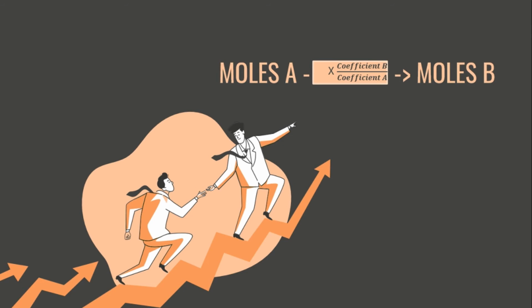Multiplying by the coefficient ratio gets us from moles of A, the moles given, to moles of B, the moles wanted. But there is a problem with this. We cannot directly know the amount of moles, because we cannot count the amount of mass, particles, or volume. Interesting, isn't it? Let's take a look at the next conversion.